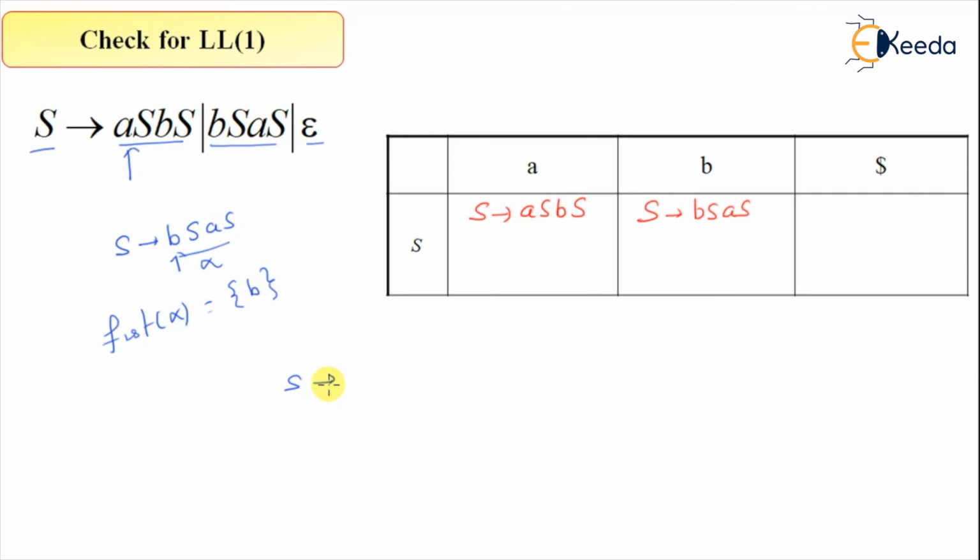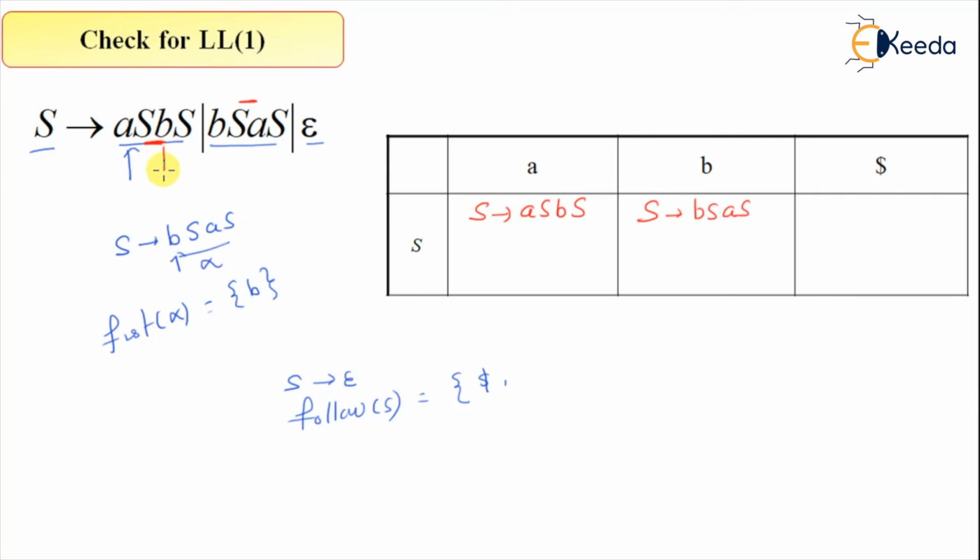The last entry is S derives epsilon. This entry will go to follow of S. What is follow of S here? I'll put dollar, this being the start symbol, and then see where S is present on the right hand side.